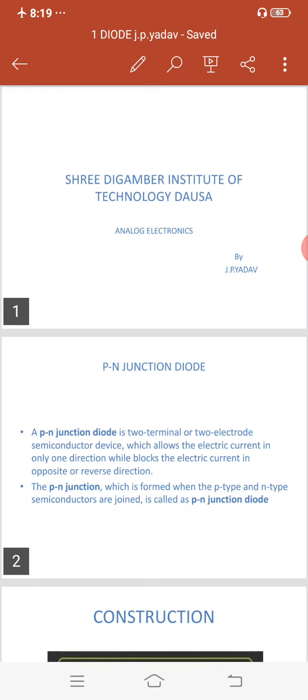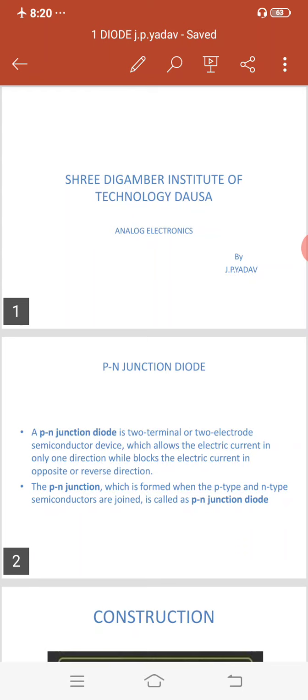How can we make a PN junction diode? P and N are two types of semiconductor material, P type semiconductor and N type semiconductor. Both are joined together to design a diode.